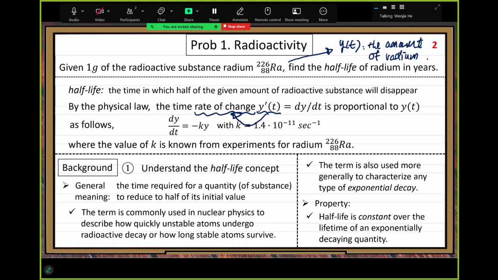For any reason, if a general function of a certain quantity changes following an exponential function, and some phenomenon can be described in that way, then we can use the similar concept.